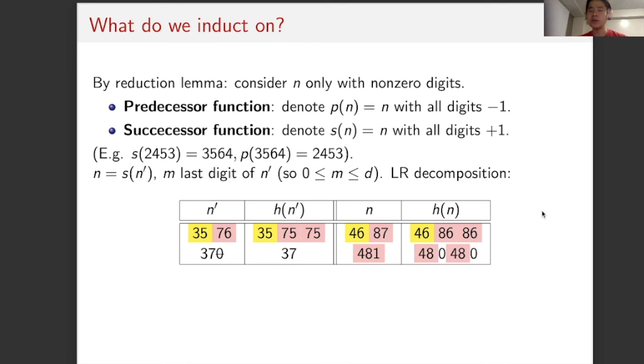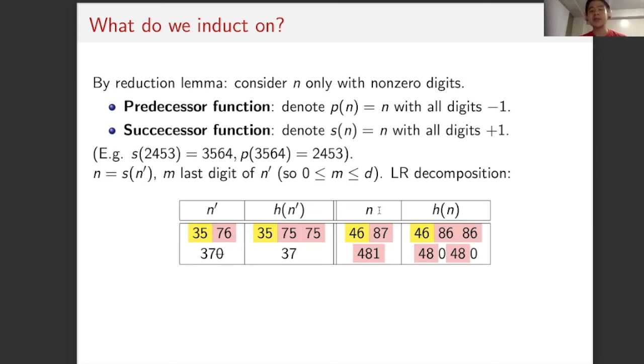The good thing is that this is true in general, provided that the last digit of the predecessor over here is not equal to zero. You can show quite easily that whenever this n prime's last digit is not zero, the LR decomposition of n also follows the same pattern.